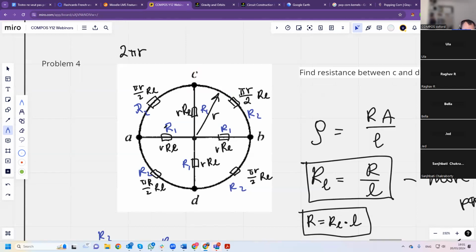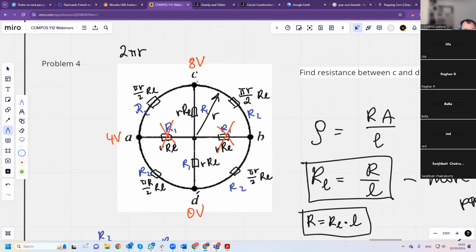Imagine that these resistors weren't here at all. Imagine this was blank. It was not connected. If you have a potential of, say, 8 volts here, then by halfway through, you lose half of your energy.